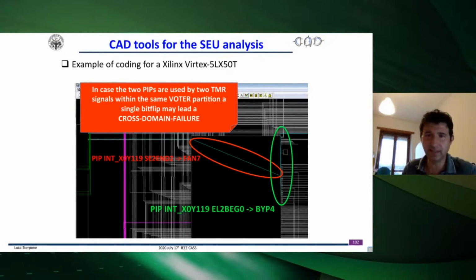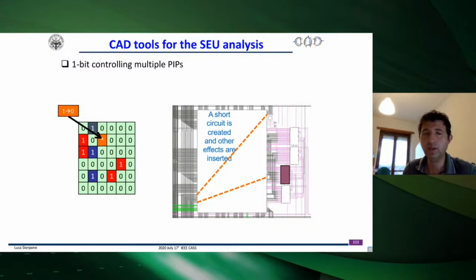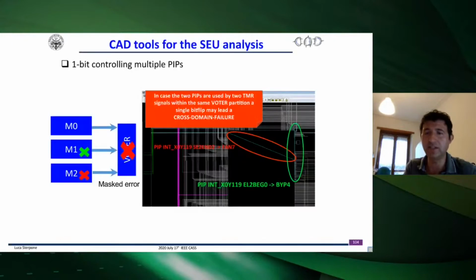So if you want to analyze FPGA also from the point of view of the TMR, you need to identify if there are this type of phenomena in order to avoid that you create this cross-domain failure inside of the architecture. And in that way, you will be able to protect the circuits, because you will be able to avoid 1 bit controlling more interconnection points inside of the FPGA.